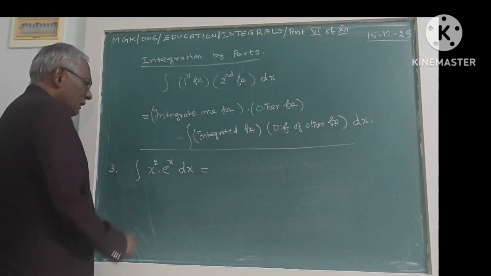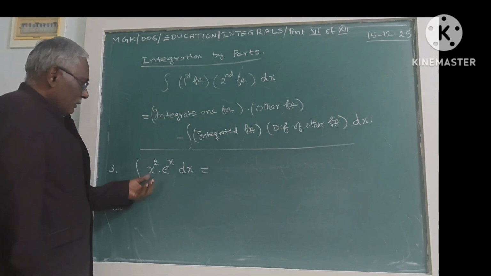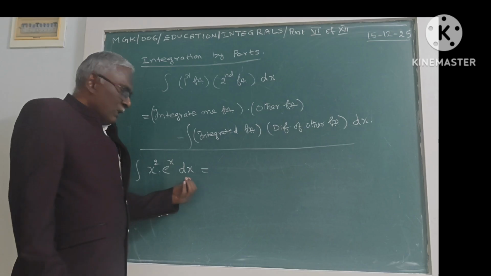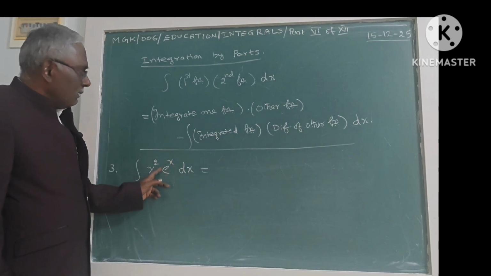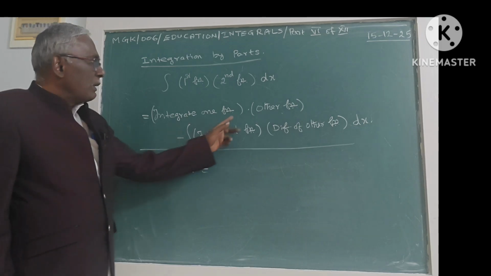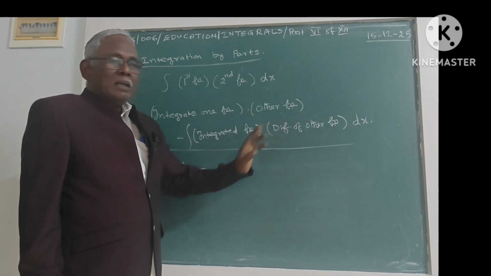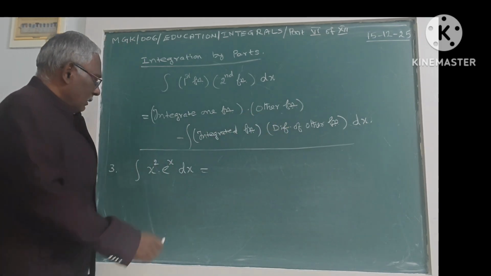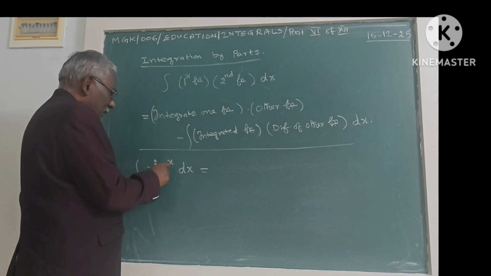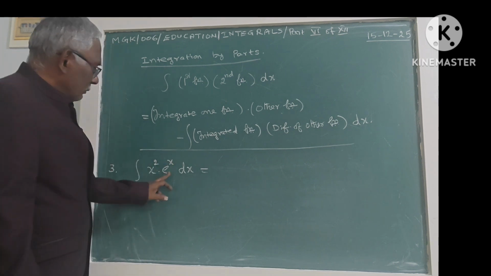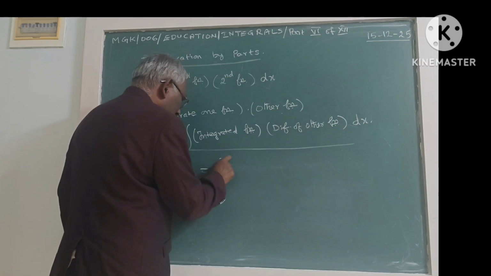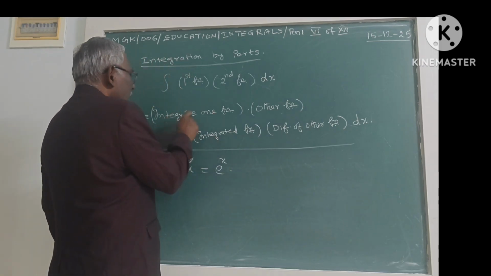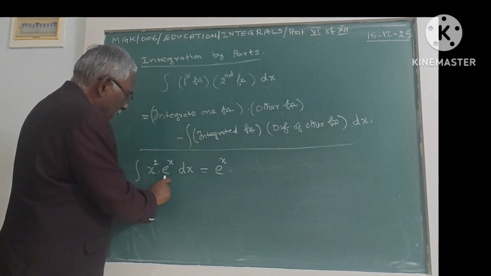Okay, in this integration, integral x square e power x dx, we have to integrate e power x, and x square we have to take as the other function and we have to differentiate that. So if we integrate e power x, what will come? E power x. Integrate one function, so we integrated e power x.